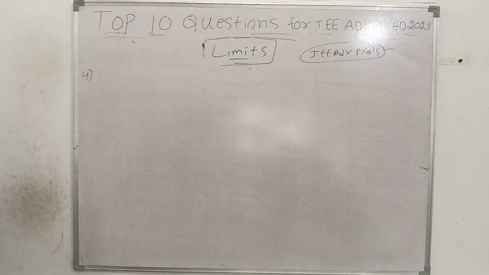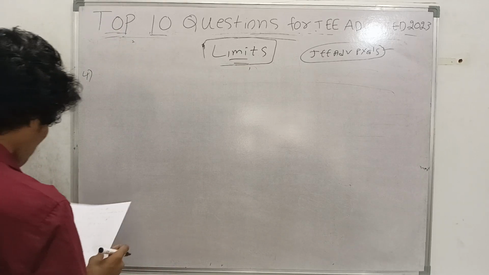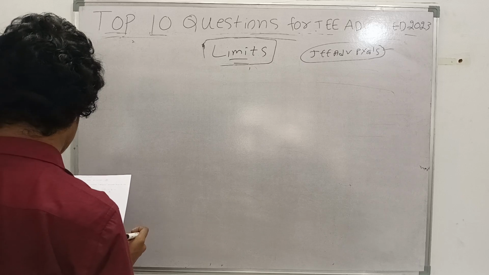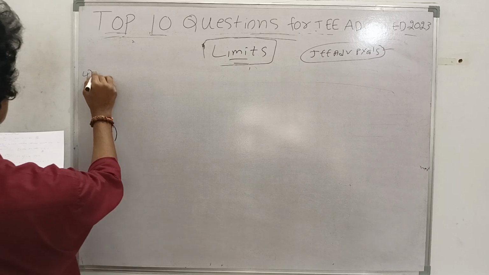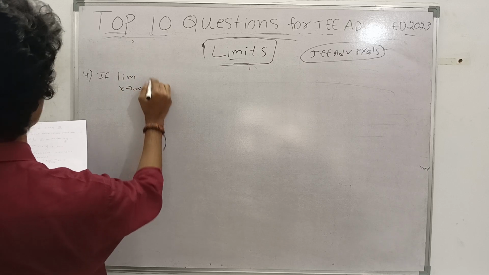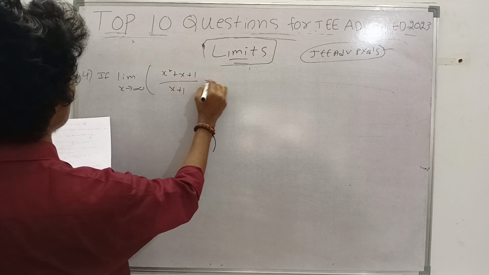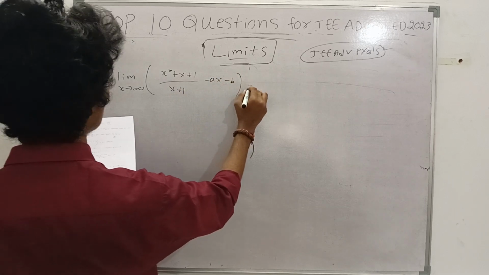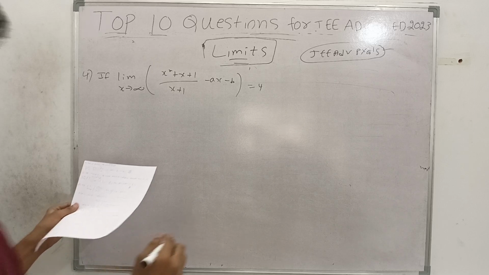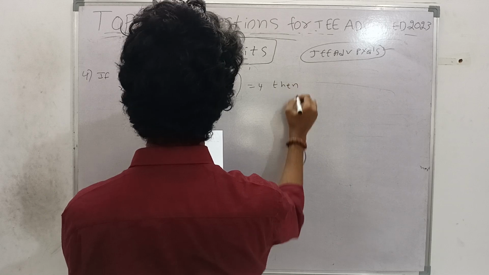Now the fourth question. If limit x tending to infinity of x square plus x plus 1 divided by x plus 1 minus ax minus b equals 4, then now the options.